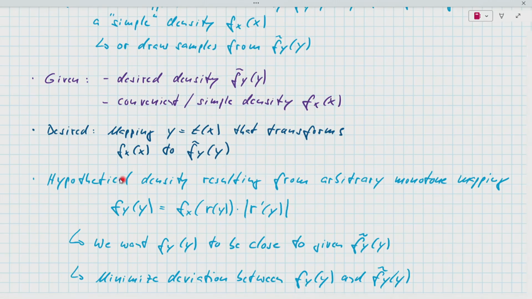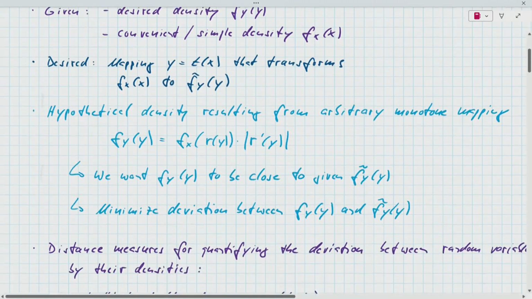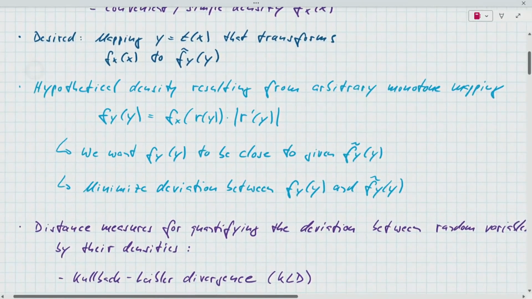We need a hypothetical density over y that results from an arbitrary monotone mapping. Fortunately, the monotone mappings in 1D, in the univariate case, are not so difficult to characterize. That is totally different in the multivariate case. But here, they are kind of easy to parameterize.